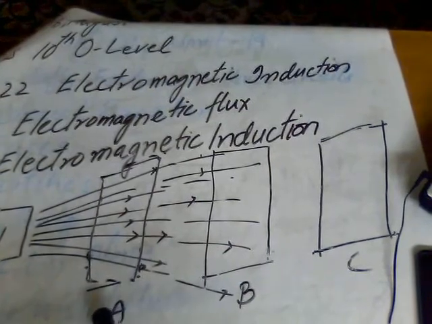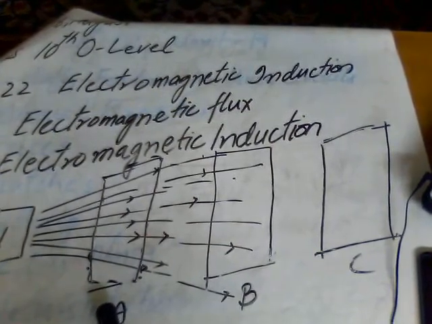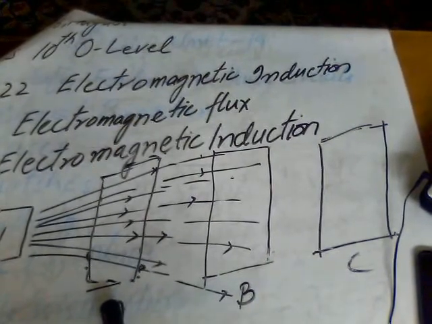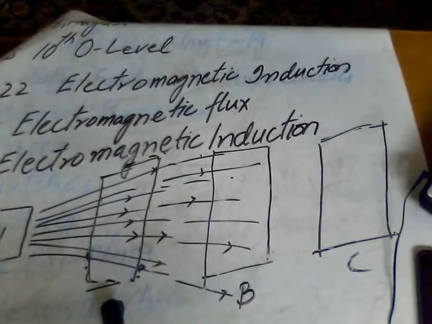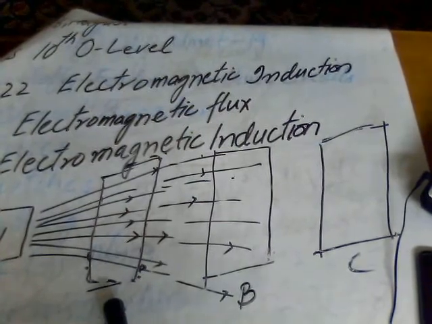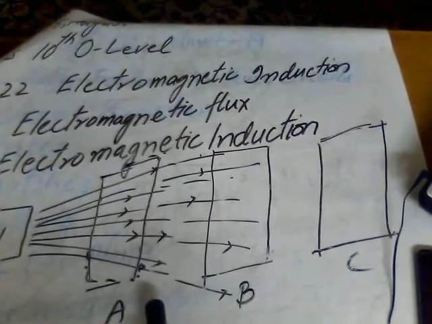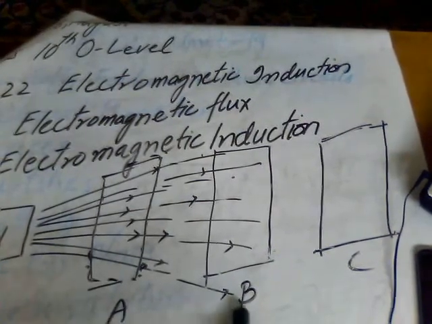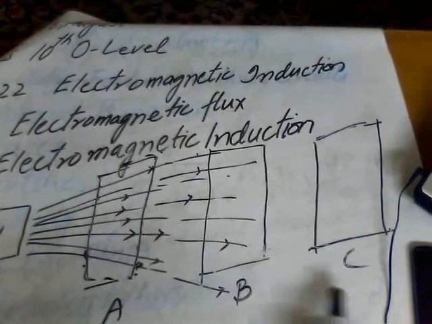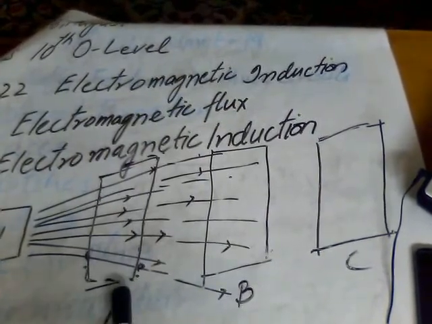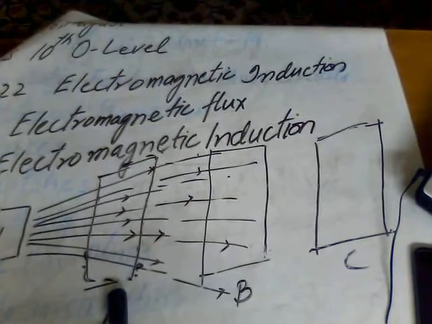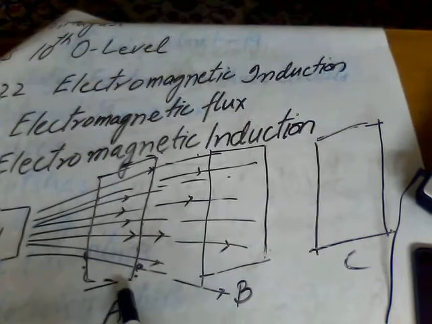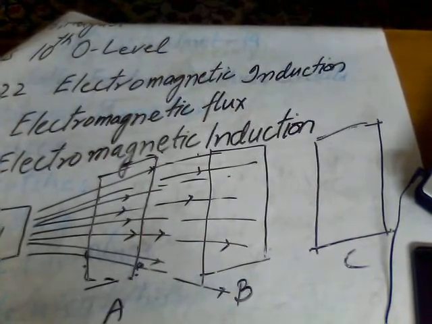When the number of magnetic lines of force passes through a certain area, we call it the flux of that area. At the three points A, B and C, here at A the maximum number of magnetic field lines are passing through. It means maximum flux at point A.